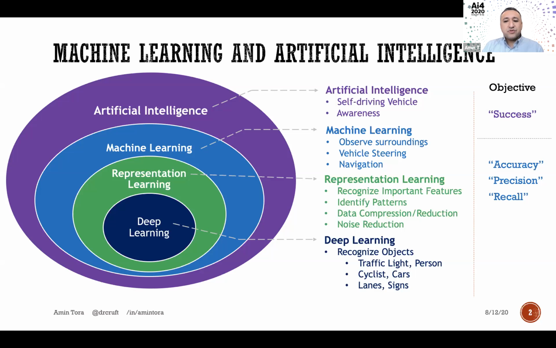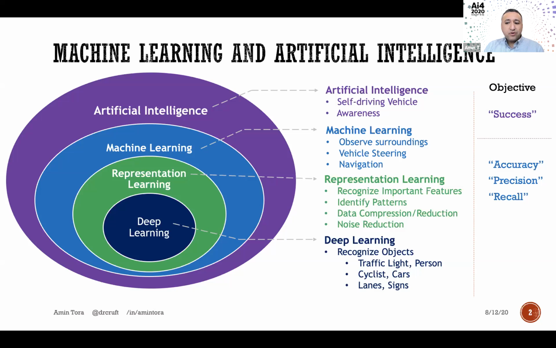In general, artificial intelligence is the overall encompassing domain of research and operational implementation, and its main objective is usually to be successful. Within that, you have machine learning, and within machine learning, you have representational learning, and within that, you have deep learning.